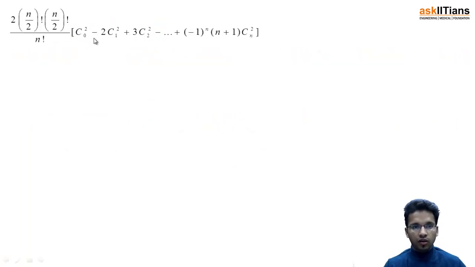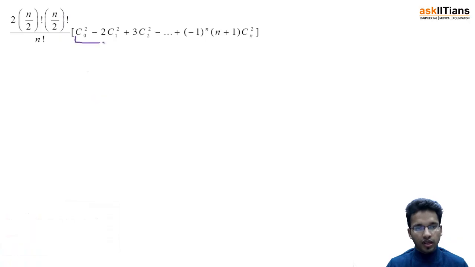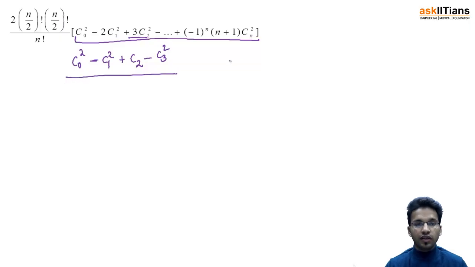So this is what we were looking to solve, and we will start solving this. Now what we have to do first is here. This is c0 square. This I can write as c1 square minus c1 square, and again c2 square plus 2c2 square. What I am doing here is that this one is easy to find, and whatever is remaining I'll take.